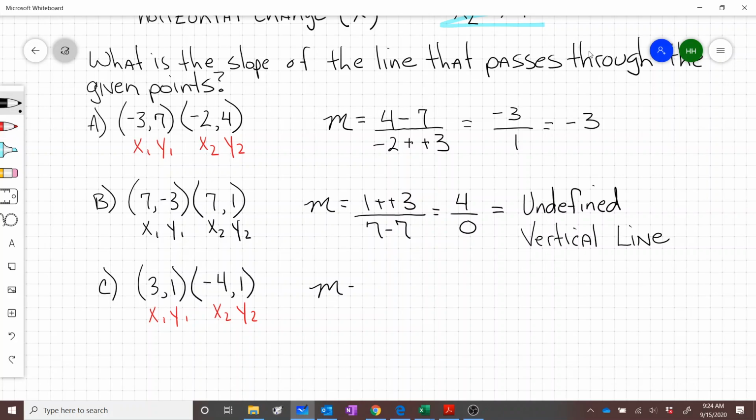And our m is going to be equal to 1 minus 1 in the numerator, negative 4 minus 3 in the denominator. 1 minus 1 is equal to 0. Negative 4 minus 3 is equal to negative 7. 0 in the numerator is equal to 0. 0 in the numerator is always equal to 0. This is a horizontal line.